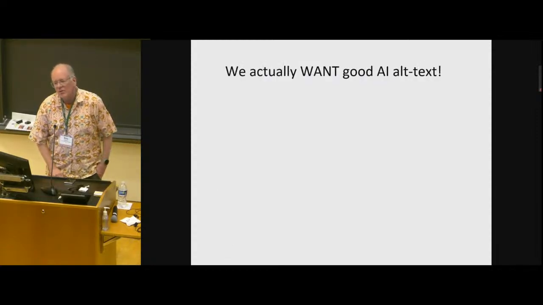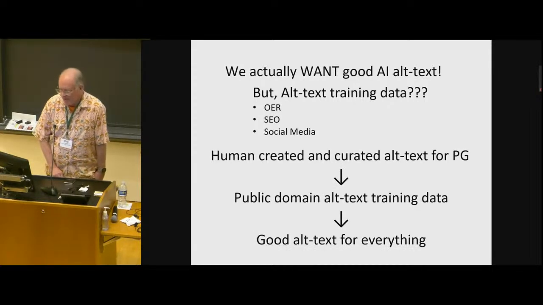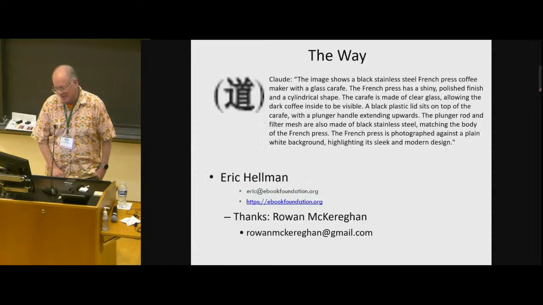So we really want good alt text. And the reason the alt text from AI is sometimes bad is that the training data is created for SEO and from social media. There are a lot of cases where we really need AI to be good, because the best alt text is different for different disabilities.